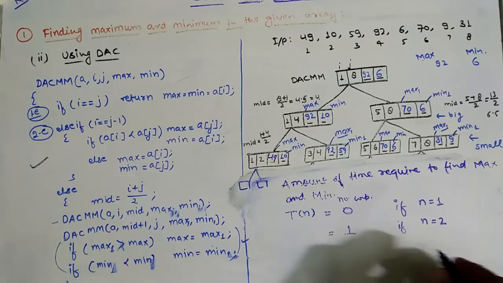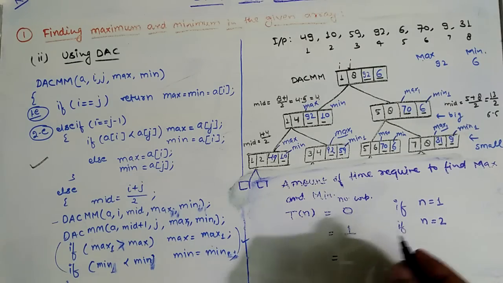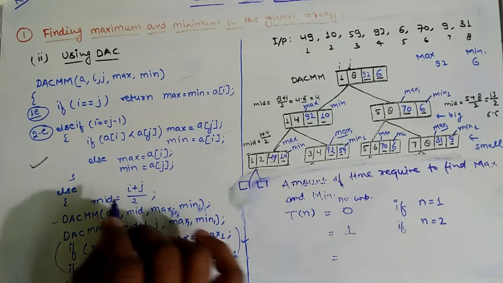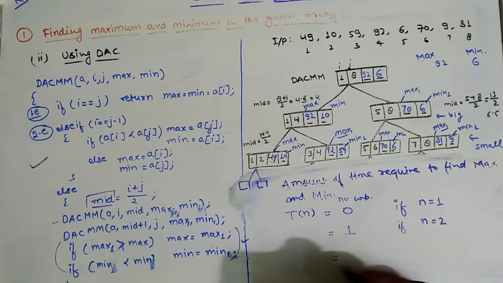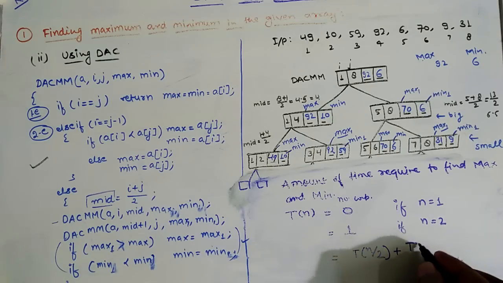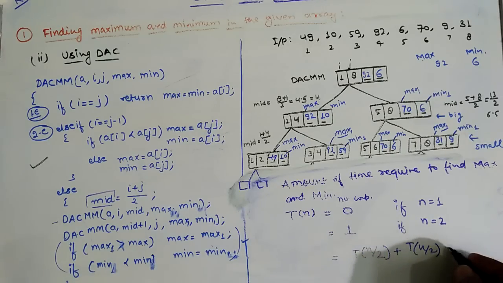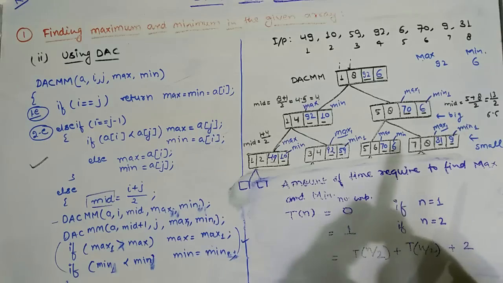When the problem size is big, meaning n is greater than 2, then I divide the whole problem into two parts, divided by a mid index. So if the problem is of size n, then I divide it into T(n/2) plus T(n/2), and 2 steps are considered for the combine step, that is to compare the max with the other sub problem's max 1 and the min with the other sub problem's min 1.